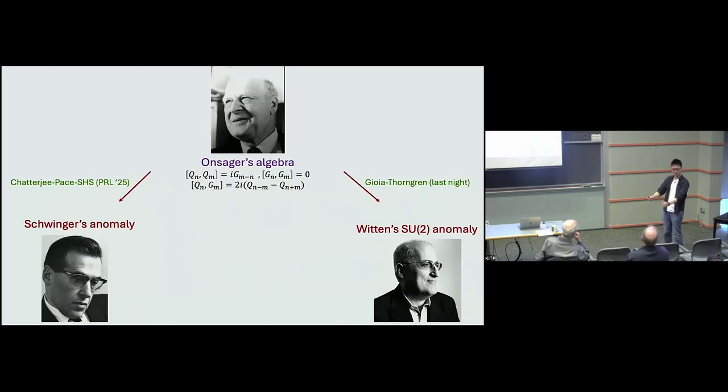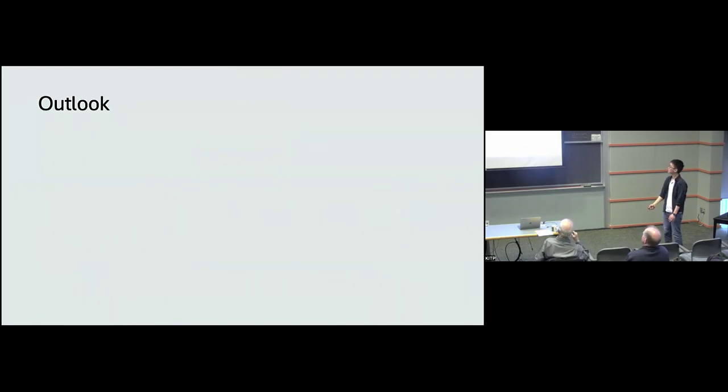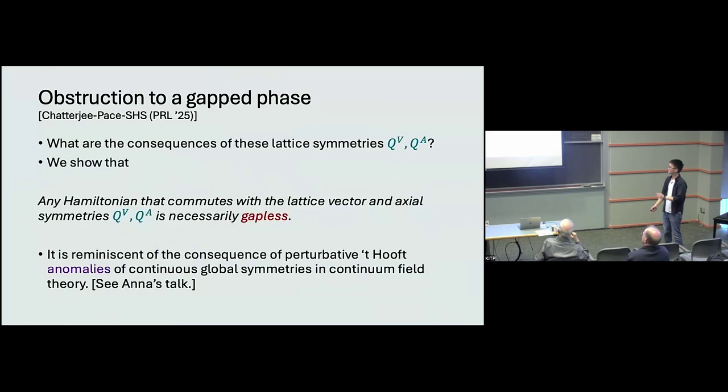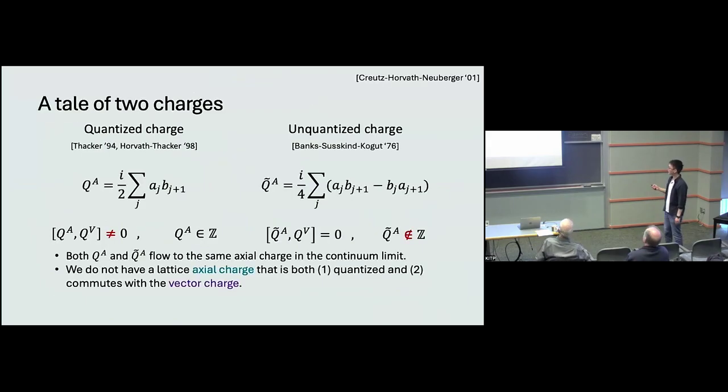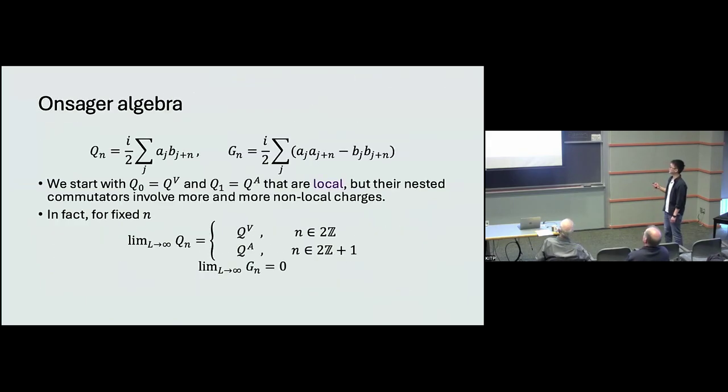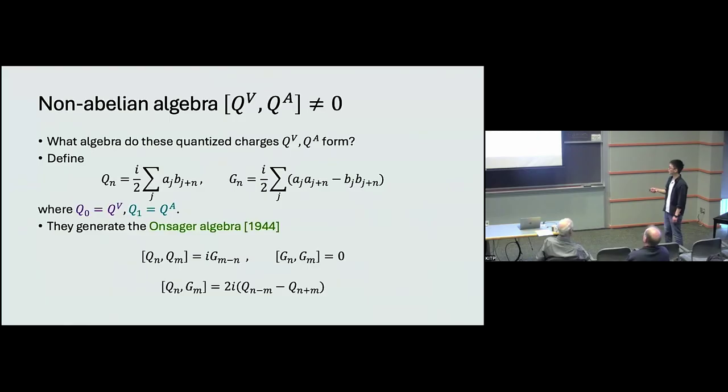So that's called Q0. Now, what they found is that they constructed another charge, which they call Q1. And the defining property of Onsager's algebra is that starting from Q0 and Q1, as you take the nested commutator, you get the entire thing. So from that algebraic point of view, you get the entire Onsager algebra.